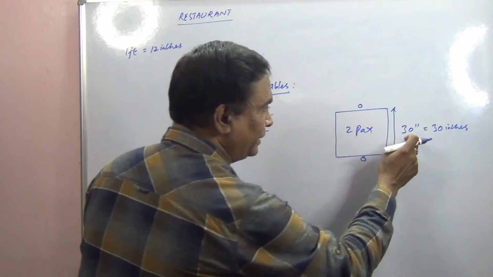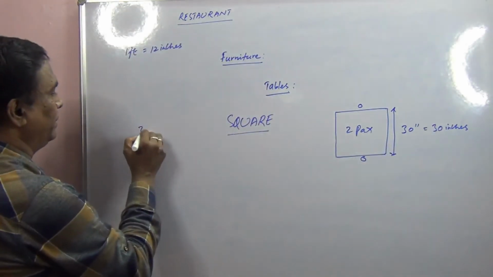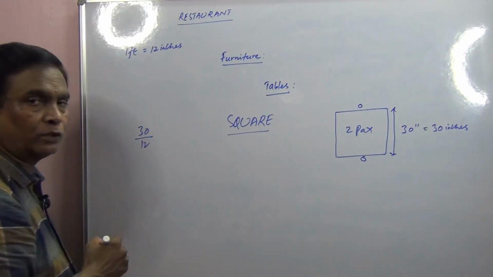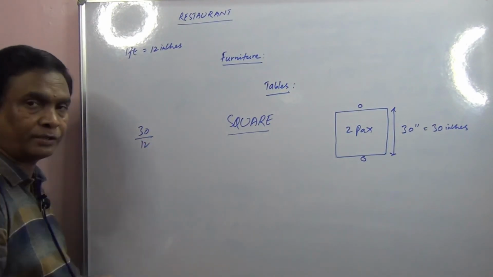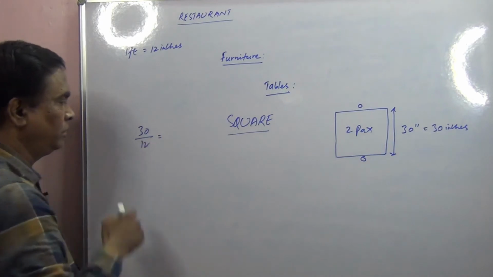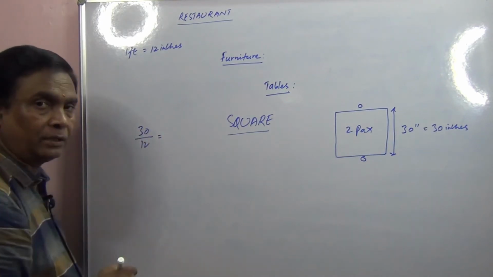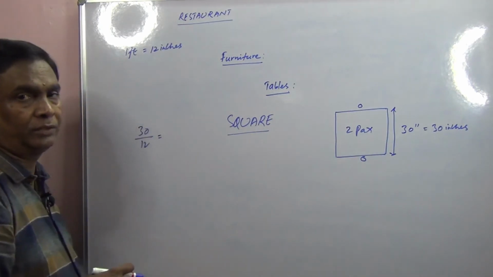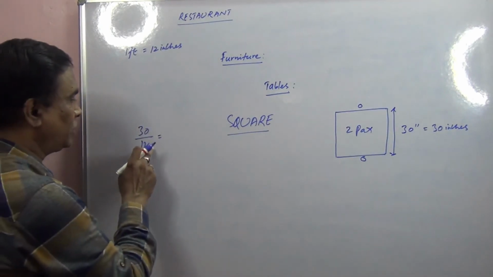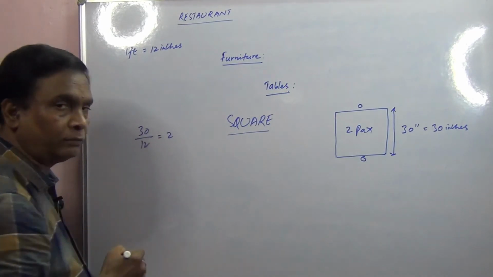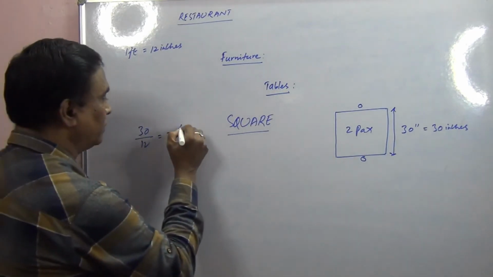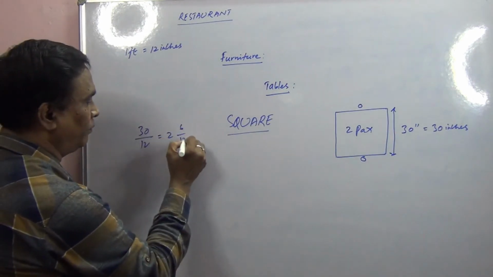And if you want to convert into feet, very simple. 30 inches by 12 inches, because we know very well that 1 foot equals 12 inches. So 12 twos are 24. 30 minus 24 equals 6. Remaining 30 minus 24 equals 6 by 12.